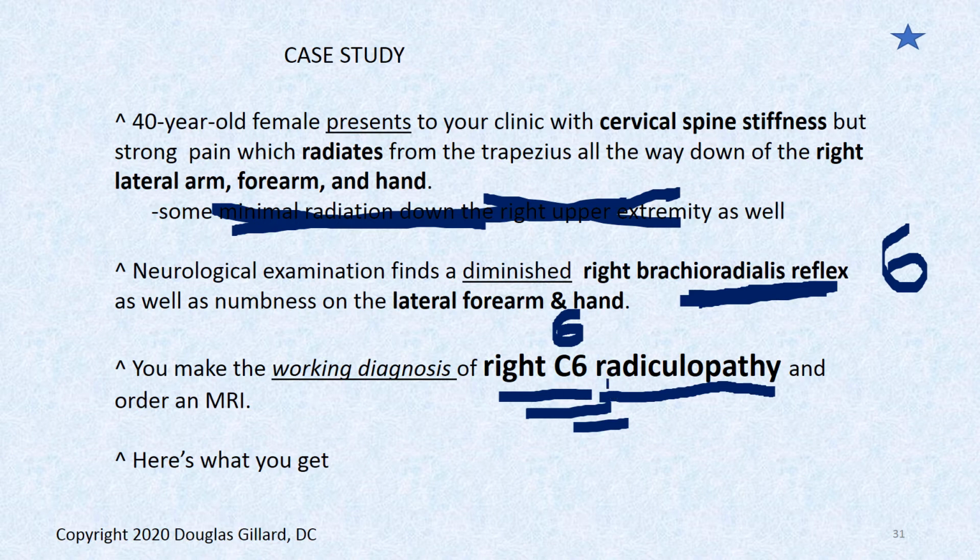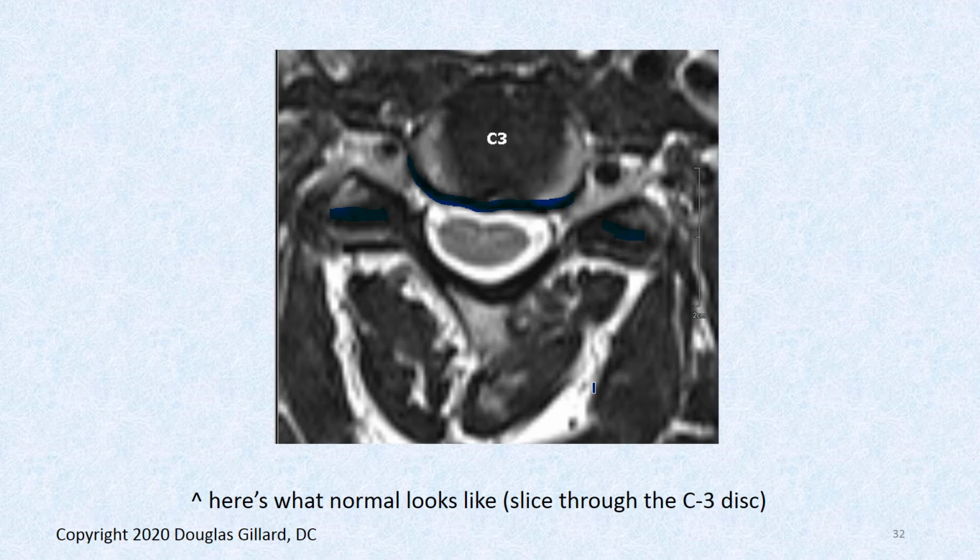Well, to answer that question, you just need to remember what nerve root passes by the C5 disc, and that would be the C6 nerve root. So a C5 disc herniation gets the C6 nerve root.